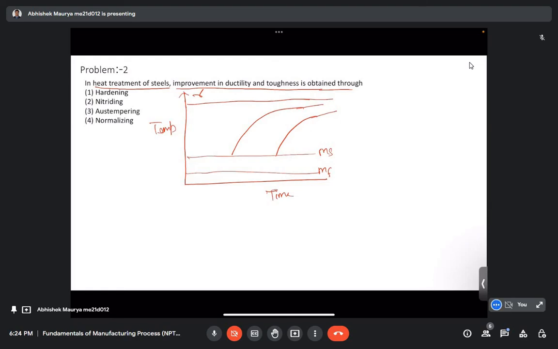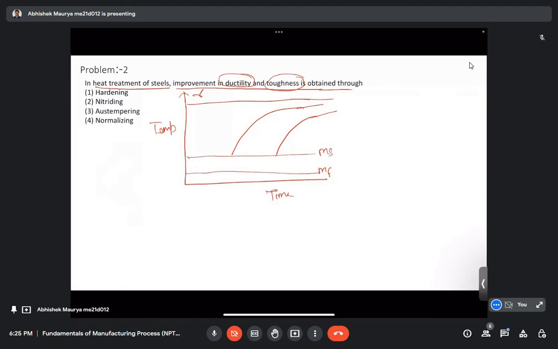So in this question it has been asked, in the heat treatment of steel, improvement in ductility and toughness. So here the desirable properties are ductility and toughness.